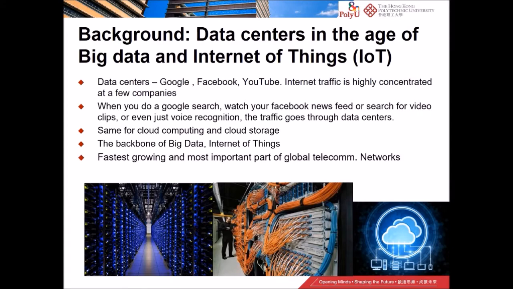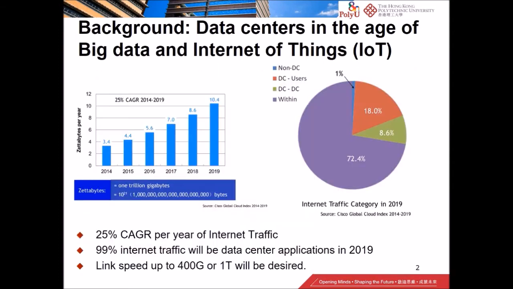So it's the fastest growing sector, both commercially and also in terms of research activity. And that's why a lot of people are very interested in trying to come up with low-cost upgrades for such high-volume markets.